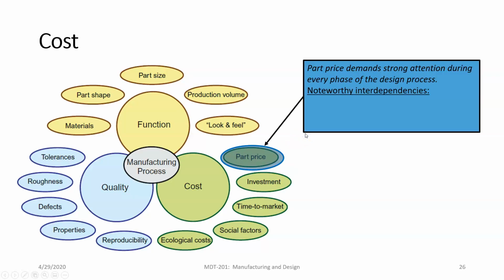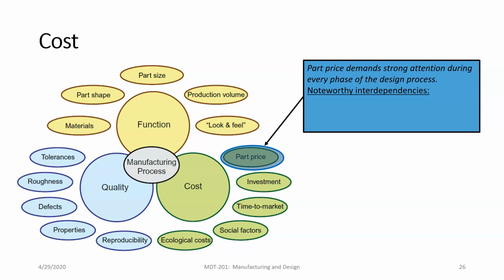Moving on to cost, part price demands strong attention during every phase of the design process, right? So that's something that you have to talk with as designers. You have to have an idea of where you want the part price to fall, whether it can be an expensive piece that you're designing, or whether you're trying to create it for a mass market.